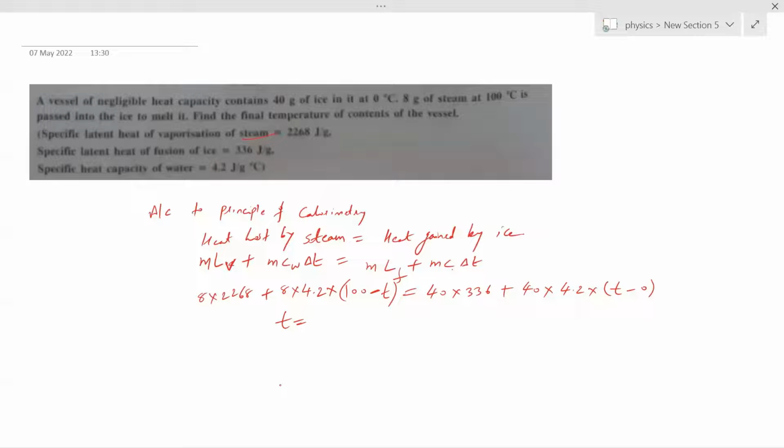Sir, T is 40 degrees Celsius. Perfect. 40 is the correct answer.